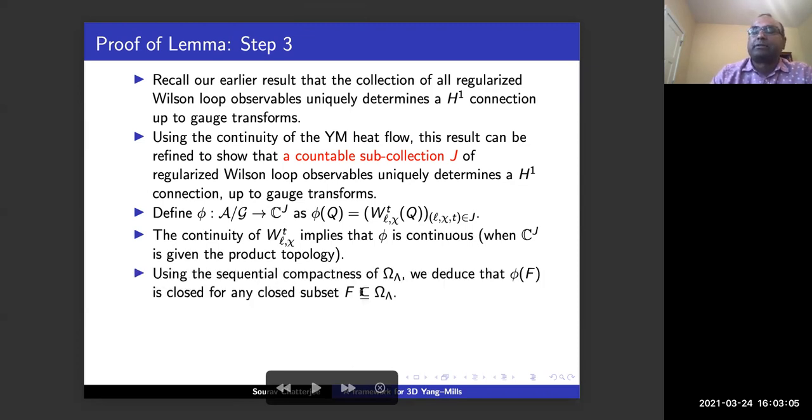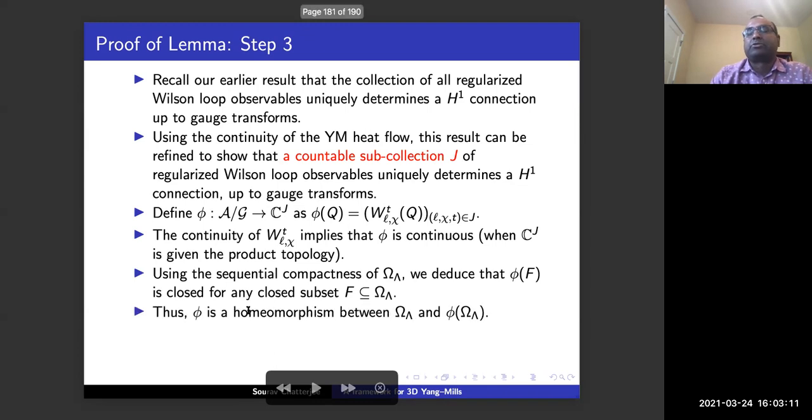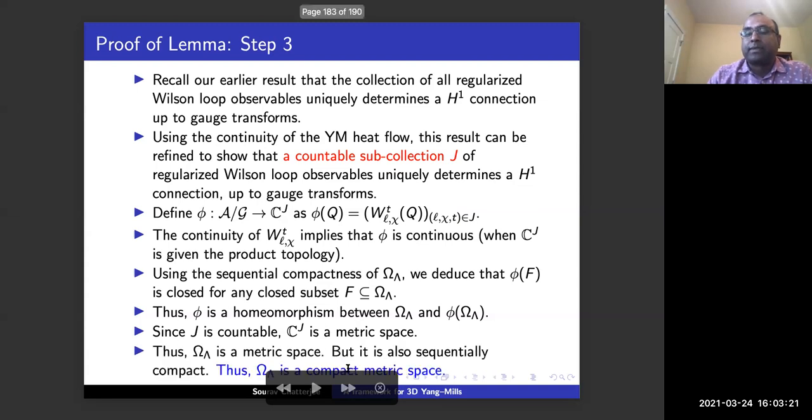Using the sequential compactness of omega lambda, which we proved, we deduce that phi(F) is closed for any closed F, which shows that phi is a homeomorphism between omega lambda and its image. And since J is countable, C^J is a metric space under the product topology. So this proves that omega lambda is a compact metric space.